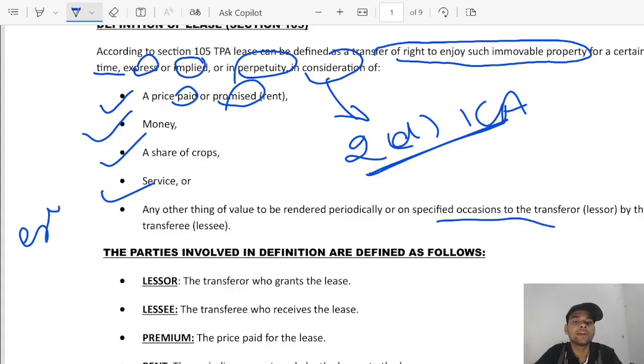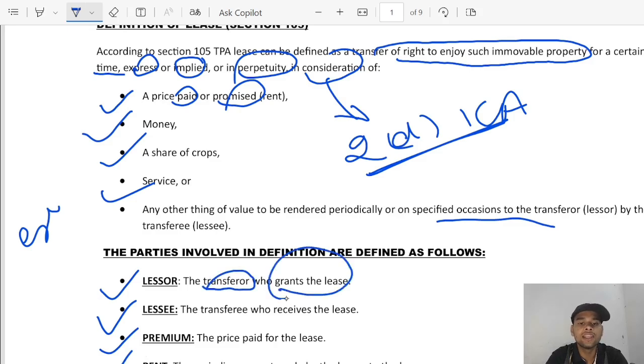The parties involved in the definition are defined as follows. Number one, lessor. Number two, lessee. Number three, premium. Number four, rent. Now the question arises, who is lessor? The transferor who grants the lease.